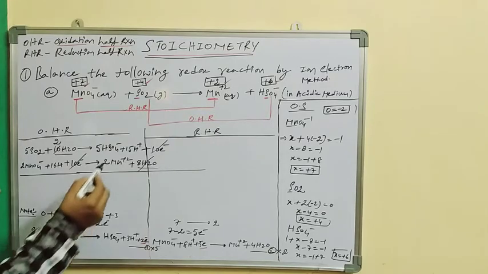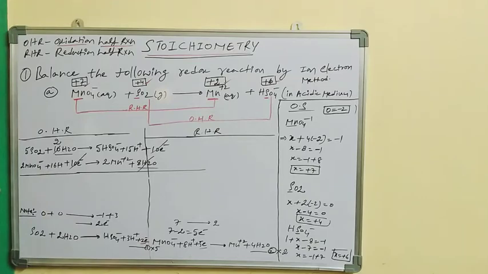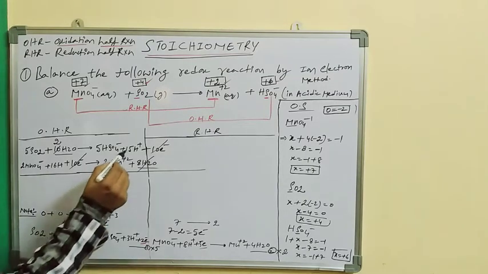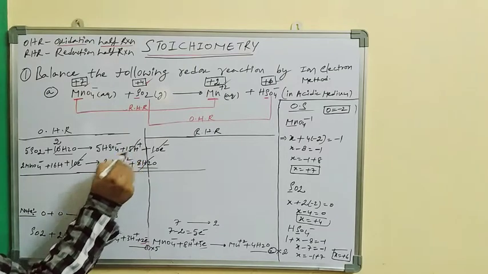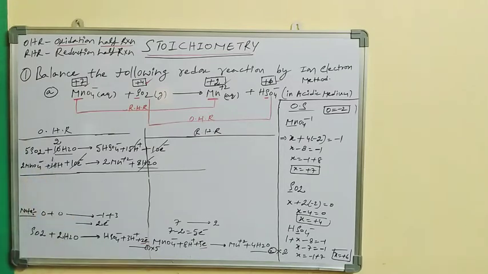Here 15 H plus, here 16 H plus. 15 H plus is less, we can subtract from 16. We got 1 H plus. How much is left on the reactant side, students?